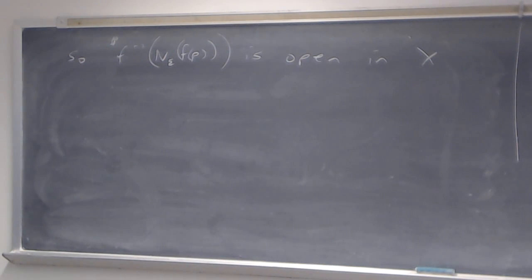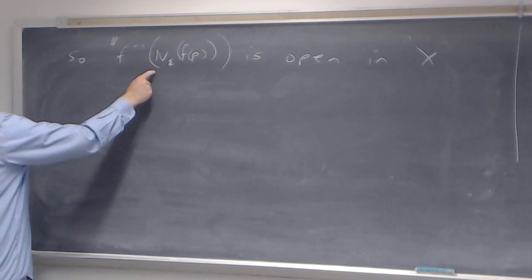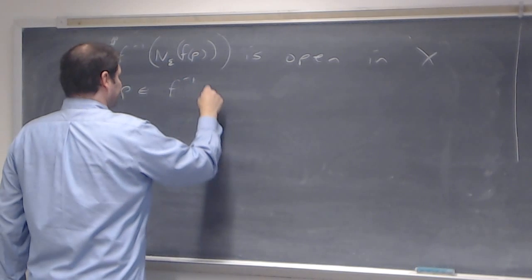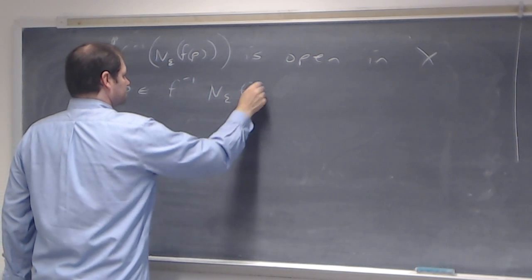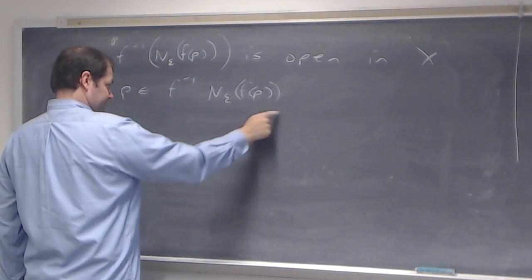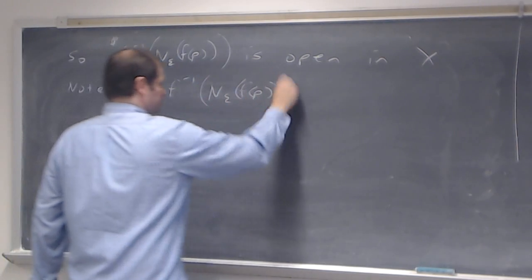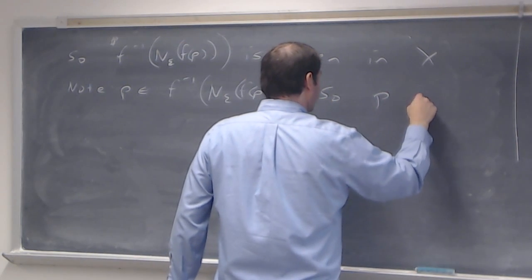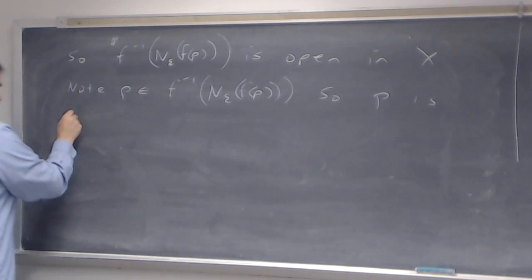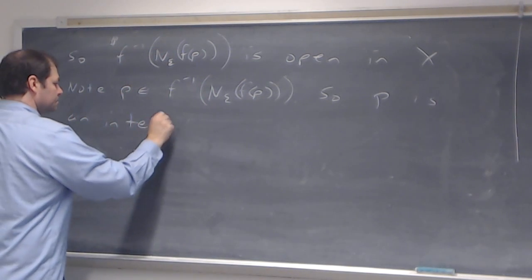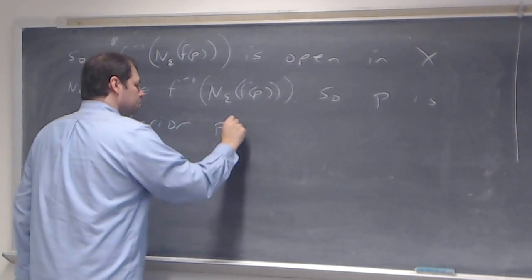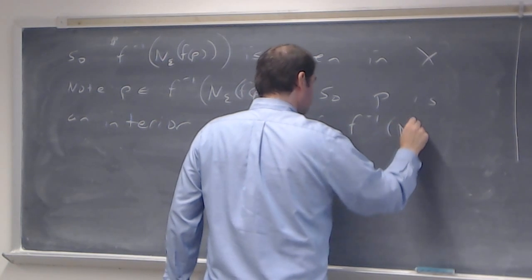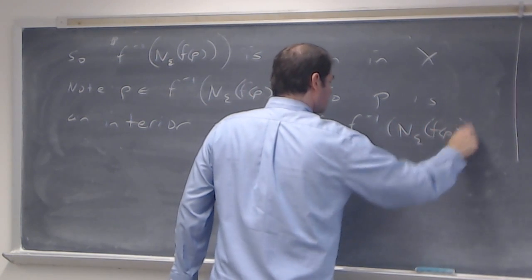Okay, if that's open in X, one thing I can tell you about a point in here: note p is an element of this inverse image, because f of p is in this neighborhood. So p is, with this set being open, an interior point of this set.